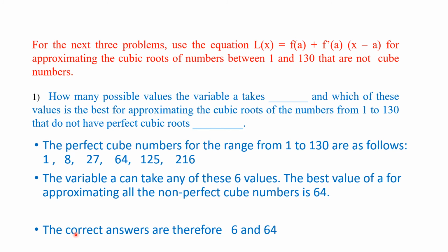The correct answers are therefore 6 for how many perfect cube numbers there are, and 64 for the number that could be used to approximate the cubic roots of numbers that are not cube numbers between 1 and 130.